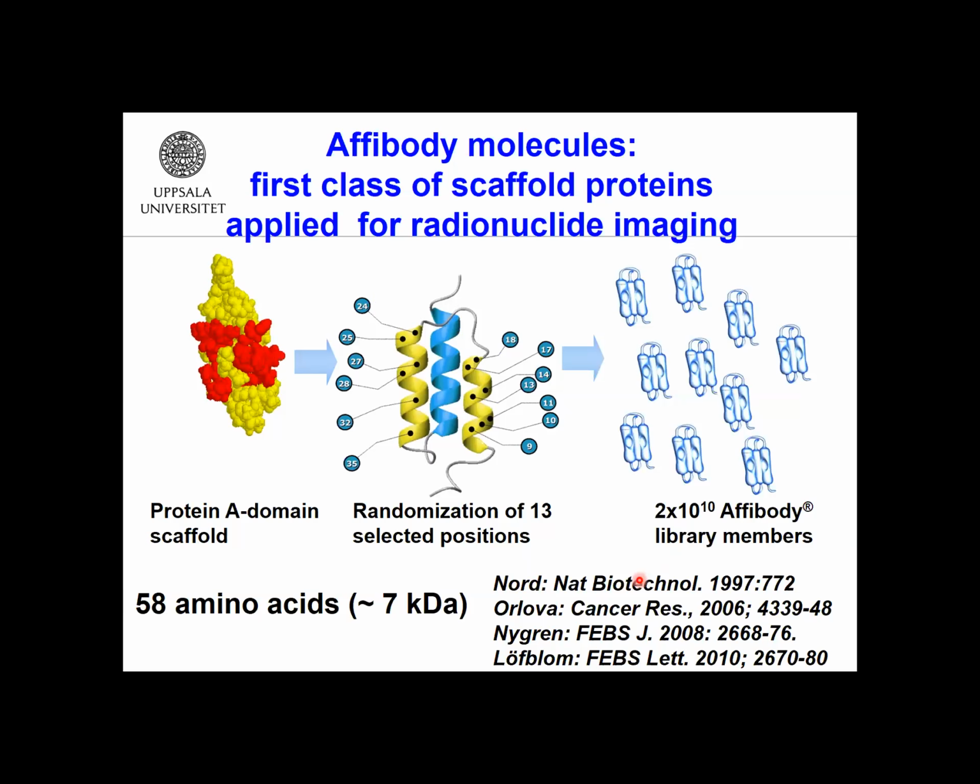So, what did he do? He used one of the domains of protein A from Staphylococci. So, Staphylococci tried to protect against the immune system of the host by producing on the surface, or expressing, protein A, which has a capability to bind host immunoglobulin.